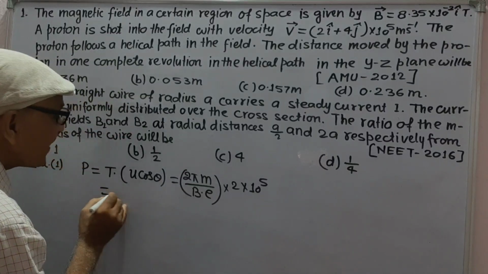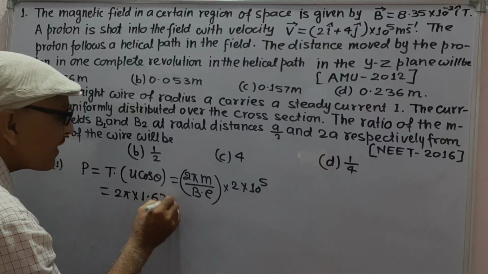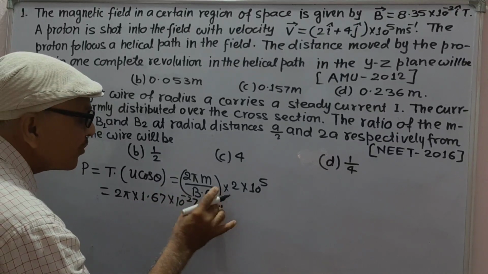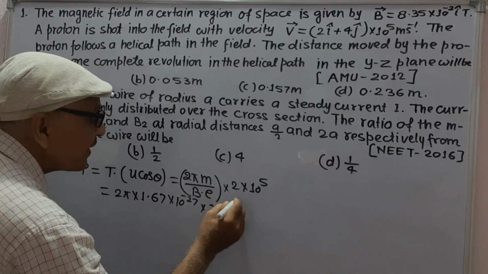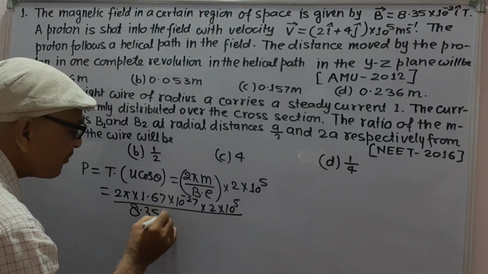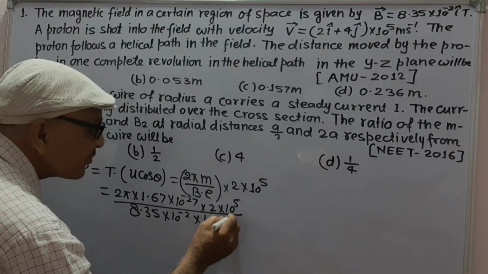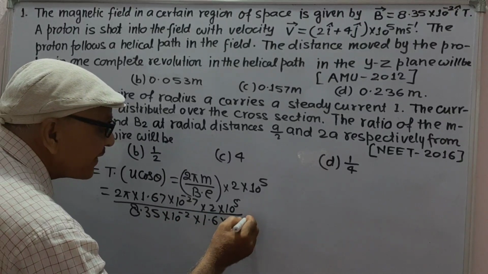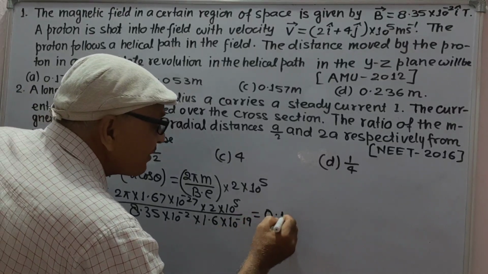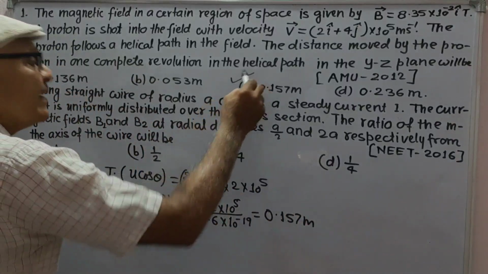On simplification, 2 pi m is 1.67 into 10 to minus 27 into 2 into 10 to power 5 upon B, 8.35 into 10 to minus 2. e is charge of proton, 1.6 into 10 to minus 19. On simplification it gives 0.157 meter. So the correct option will be C.